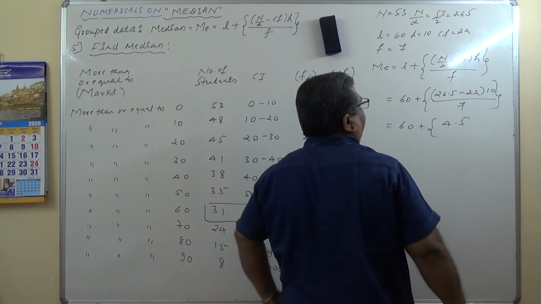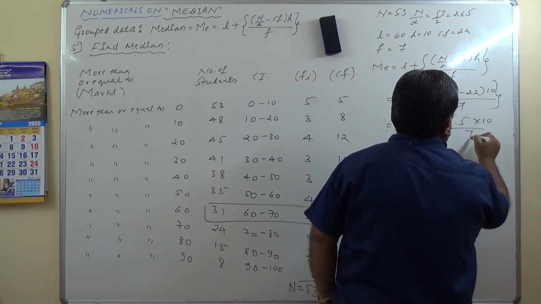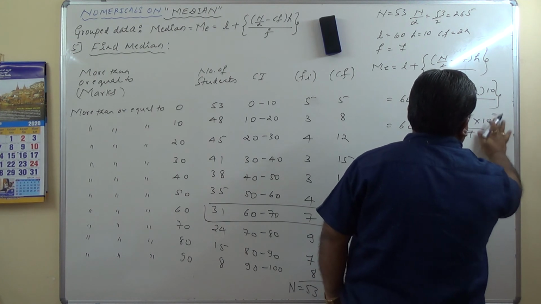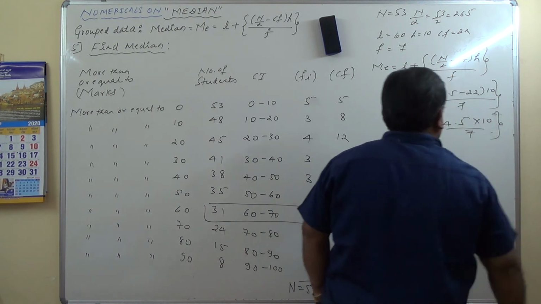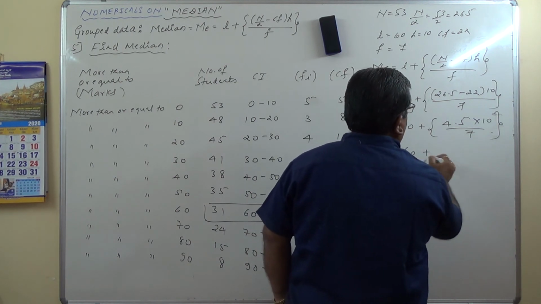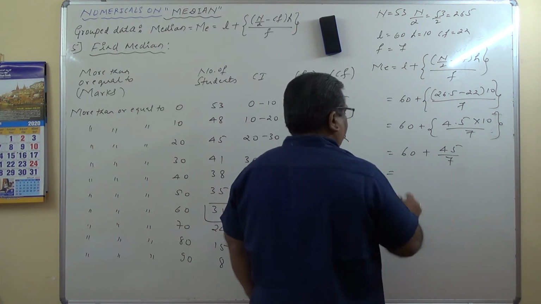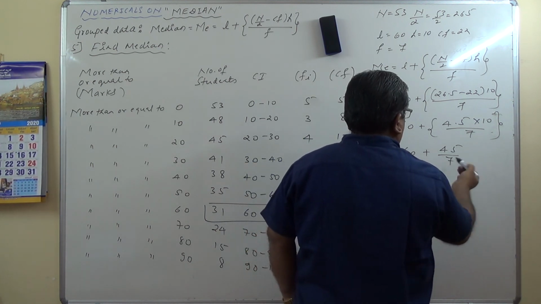Is it right? 22 plus 4.5 is 26.5, into 10 divided by 7. So this is equal to 60 plus 45 divided by 7.